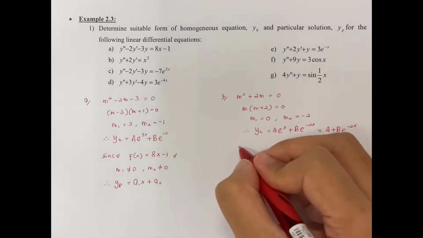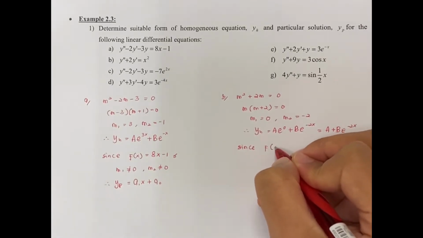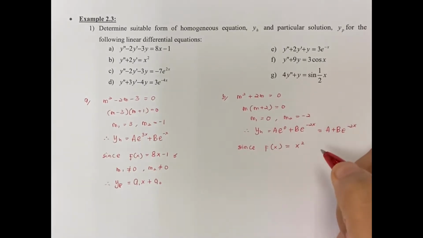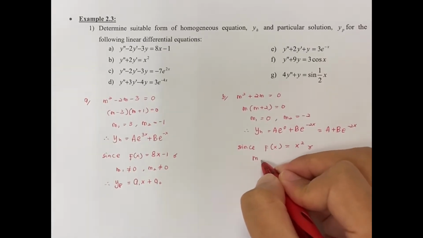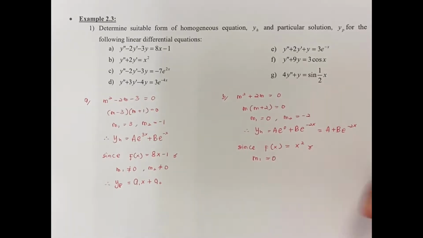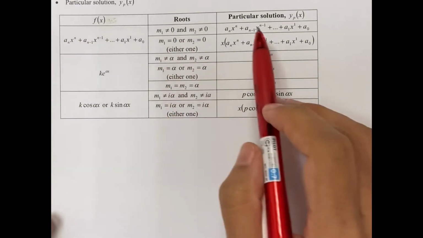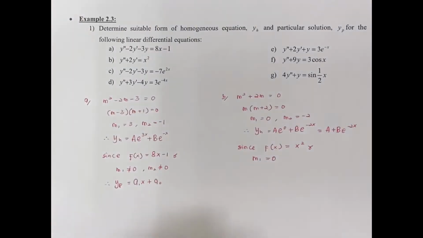For YP, since fx is a polynomial, fx is equal to x squared, it is a quadratic polynomial. And then consider your m. m1 is equal to 0, so one of your roots is equal to 0. So you need to multiply your polynomial with x.